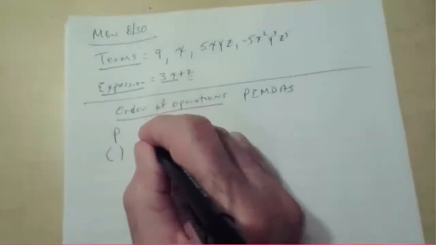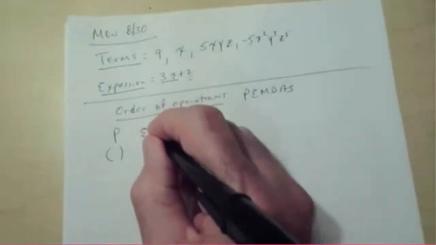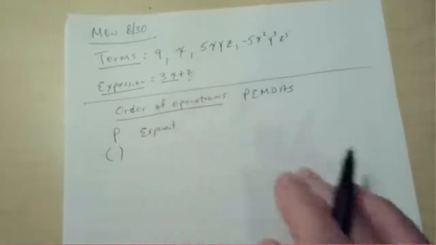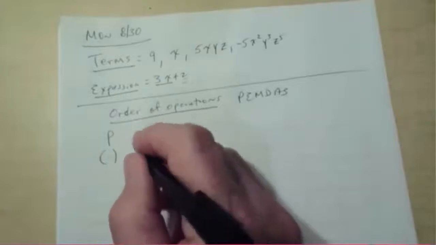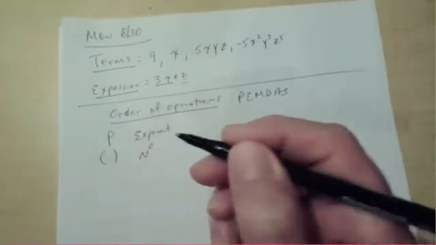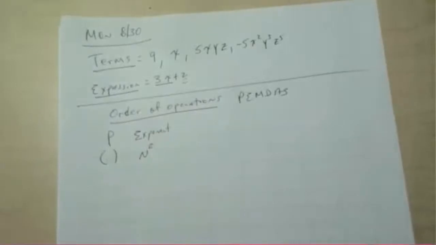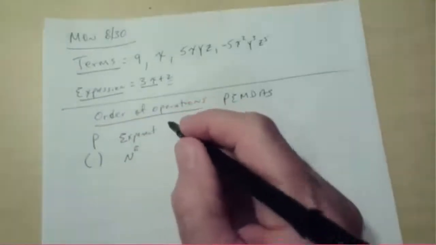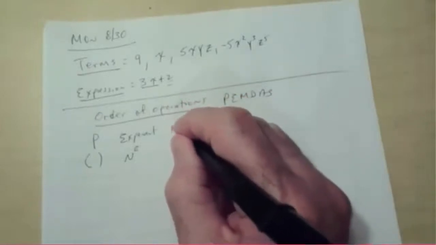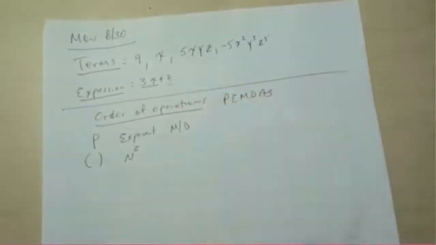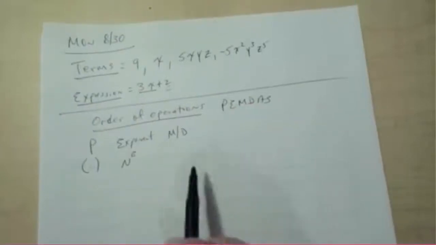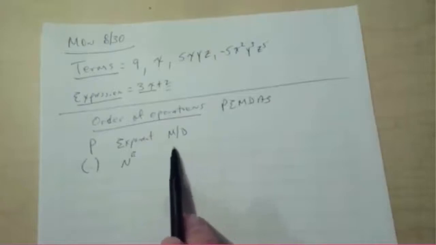Then an exponent. Do that second, if there is one. You've got a number with another little number up there, and we'll talk more about this in a minute. Exponent. Now, MD, multiplication, division, you do those whichever one comes first from left to right. Multiplication and division are like twins.